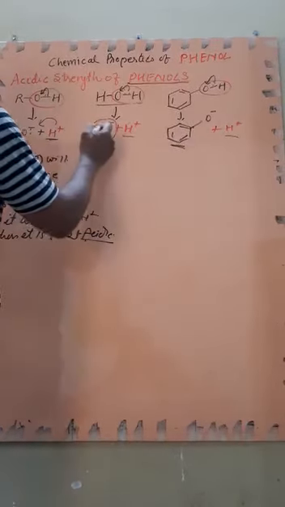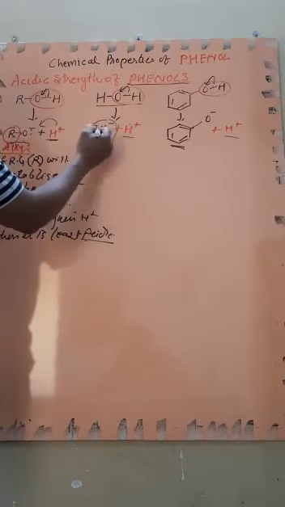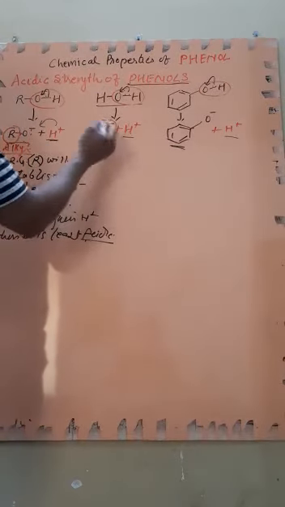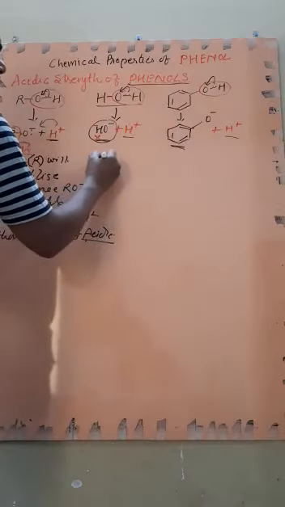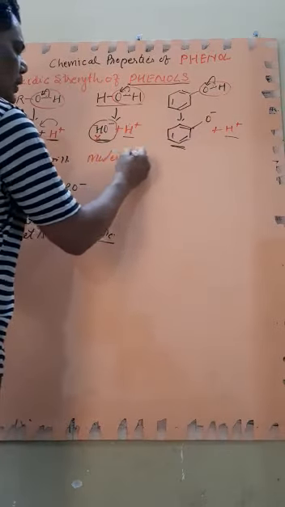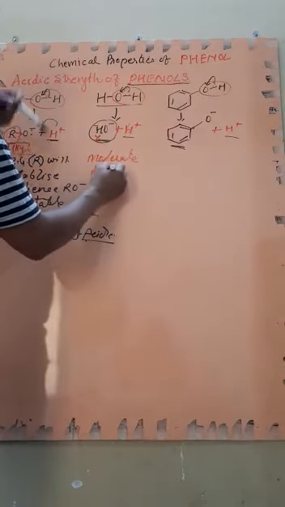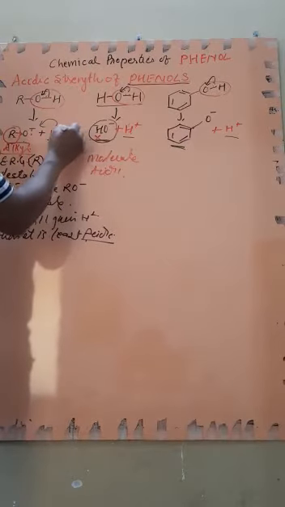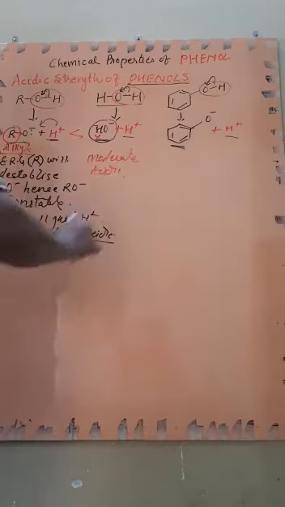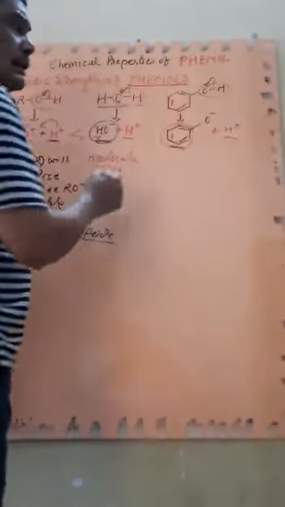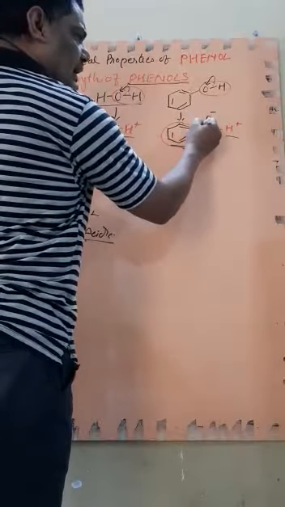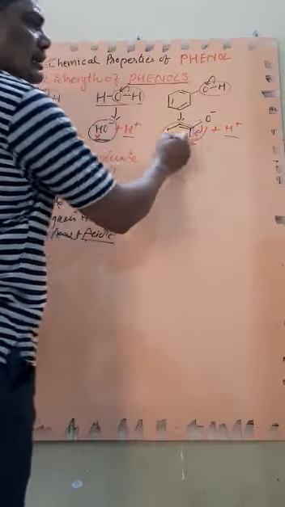While in case of water, H can neither stabilize nor destabilize, so we can say it is moderately acidic. That is, it is more acidic as compared to alcohol. But in case of phenol, there is a phenoxide ion attached with a benzene ring, and the benzene ring has the tendency to withdraw electron from the oxygen atom.